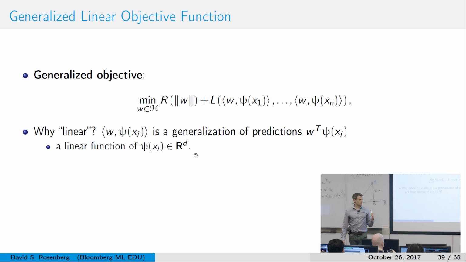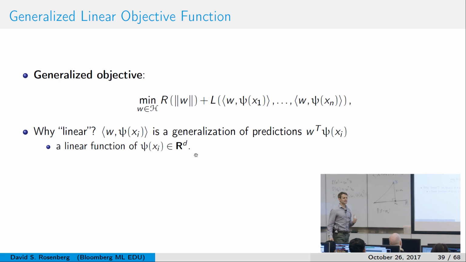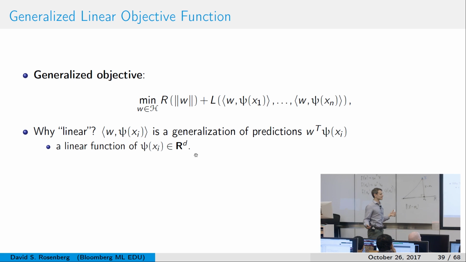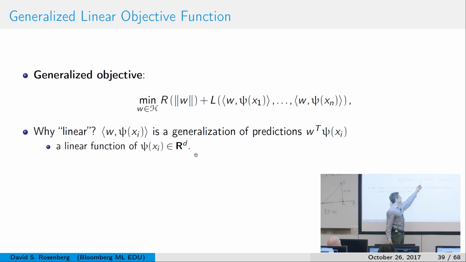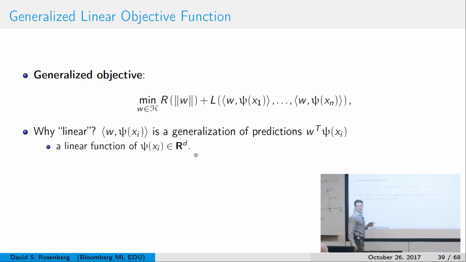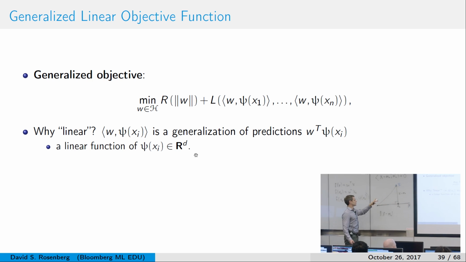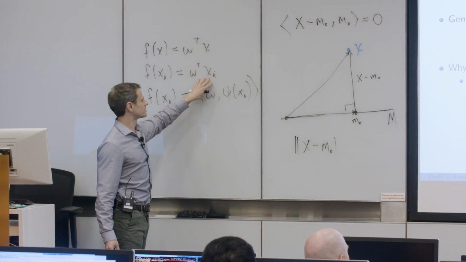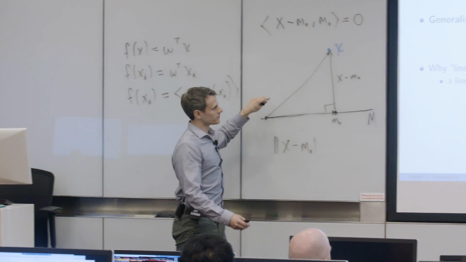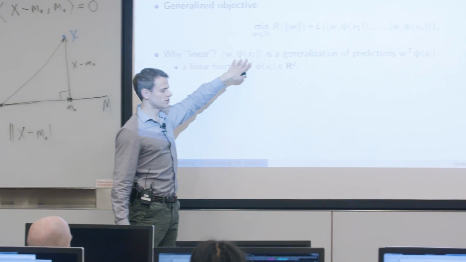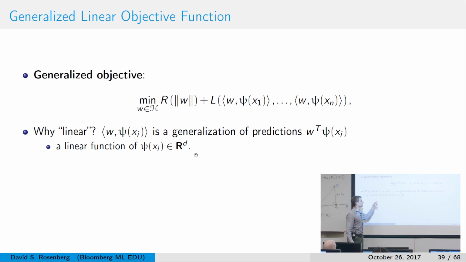So I'm claiming that this is a generalized linear objective function. Do we see why this is linear? Well, the linear piece are these inner products, right? If we think of that as a generalization of W transpose x_i or W transpose psi of x_i, we're saying that the predictions are linear in this feature vector. Inner product is linear, so linear on that feature vector.